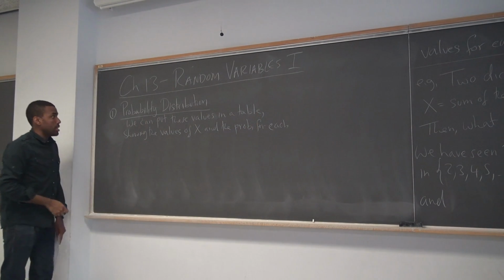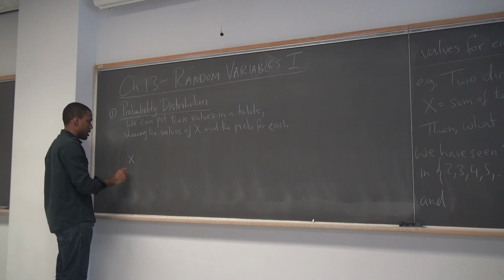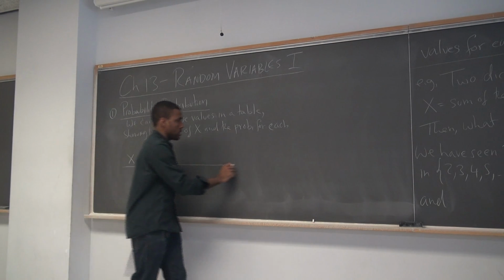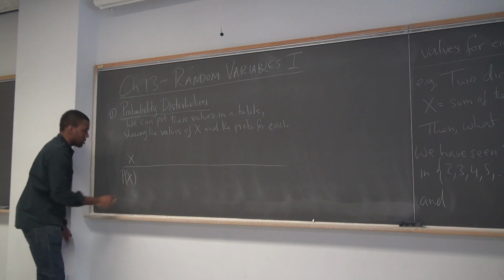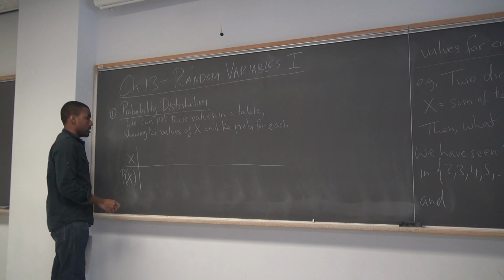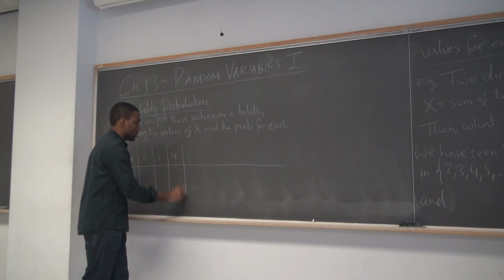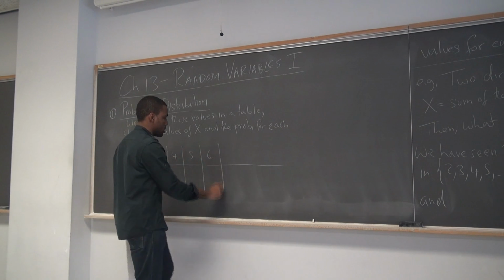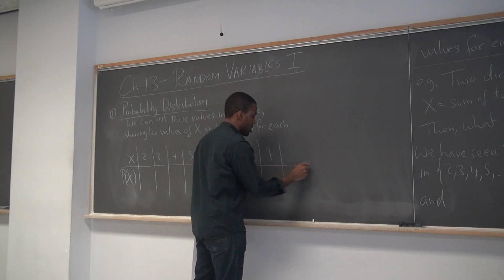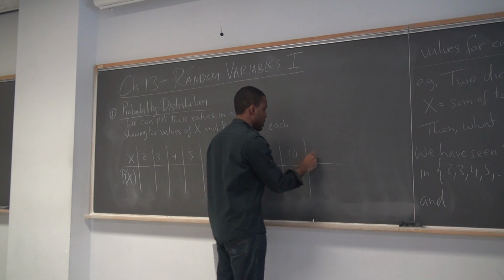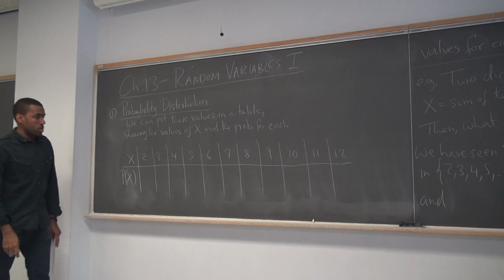That's called a probability distribution. So it would look like this. You'd have x and the probability of having that x. In this case, our values were 2, 3, 4, 5, 6, 7, 8, 9, 10, and then we put in the probabilities for each.